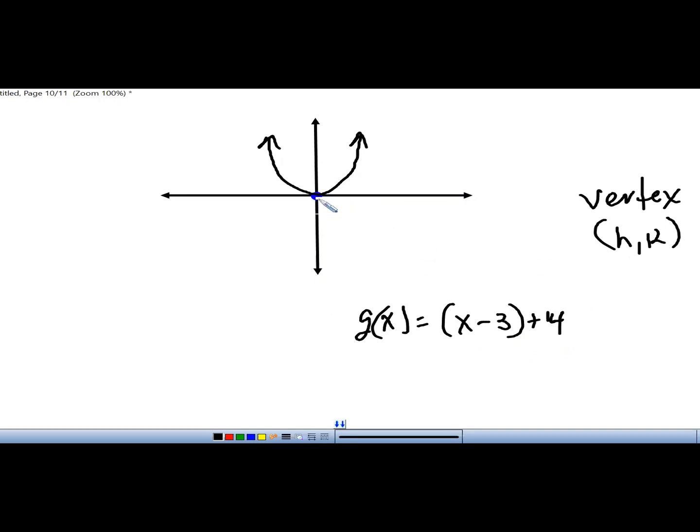So my new vertex, instead of being at 0, 0, would be at 3 and 4, which would be somewhere up here. And this parabola would move up here. So my new vertex would be this. Everybody with me so far?